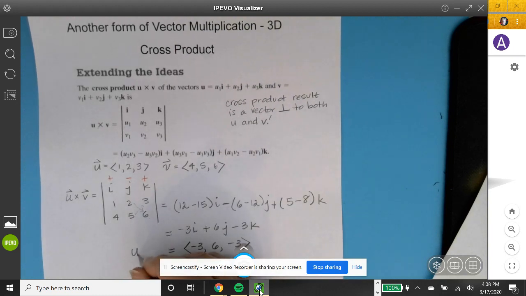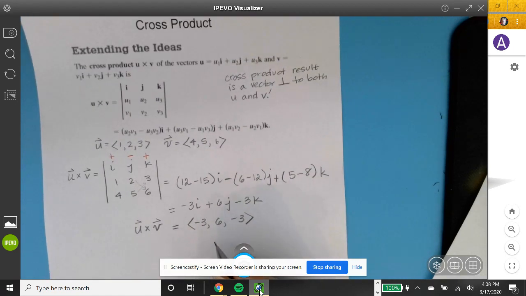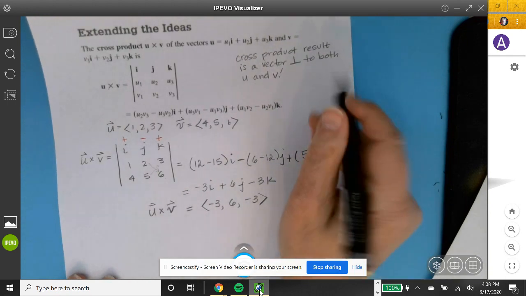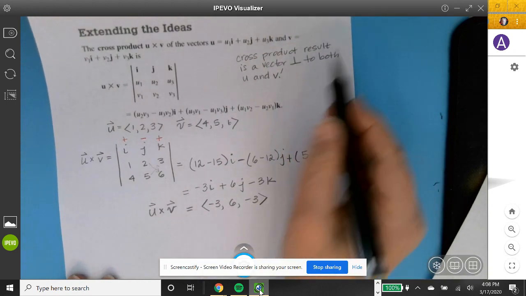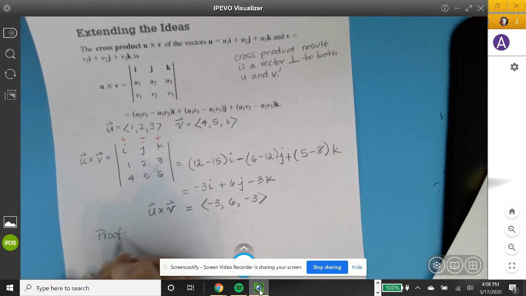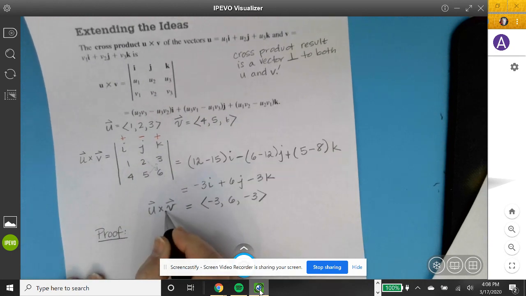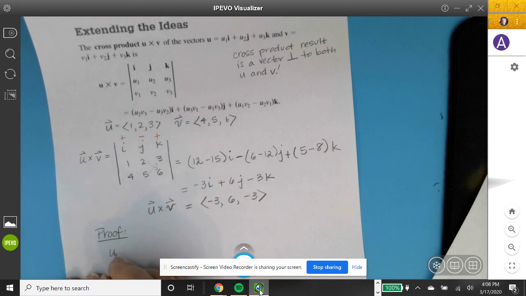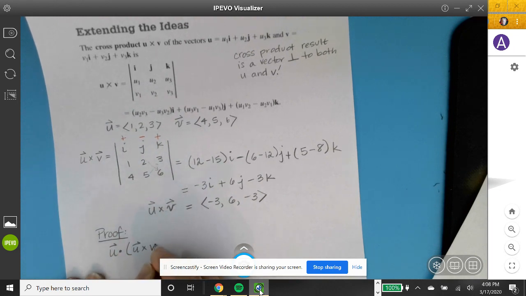And this is u cross v. Now, how do I prove my statement up here that I said they were both perpendicular? Well, this is how I'm going to do it. This is my proof. I'm going to do the dot product of u with u cross v. So I'm going to go u dot u cross v.